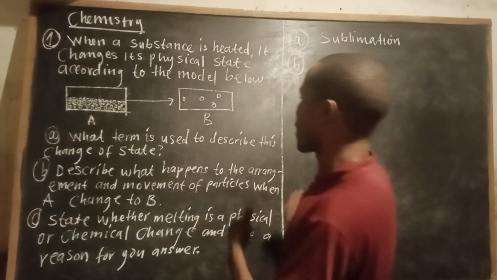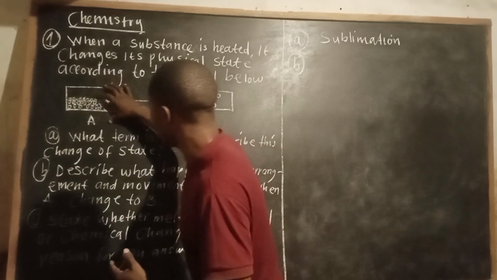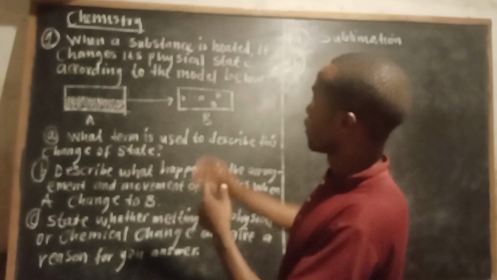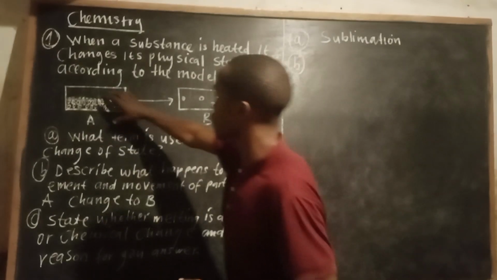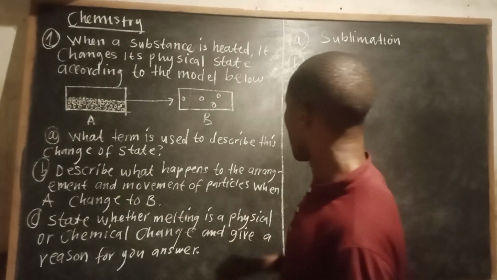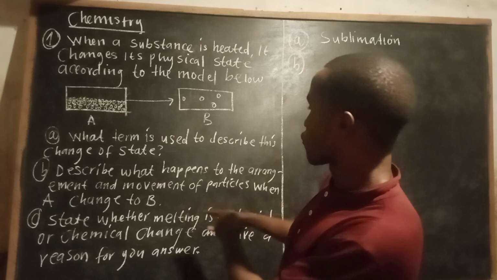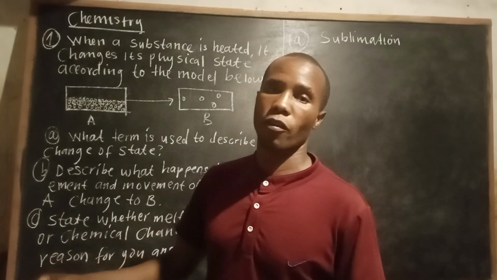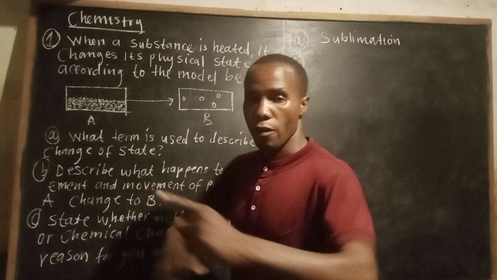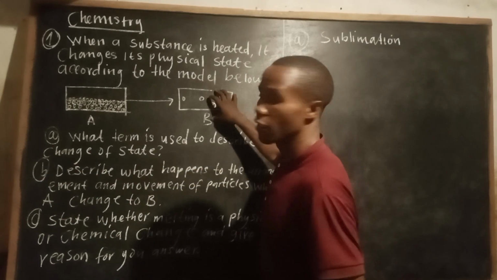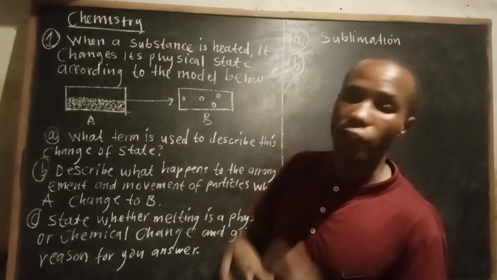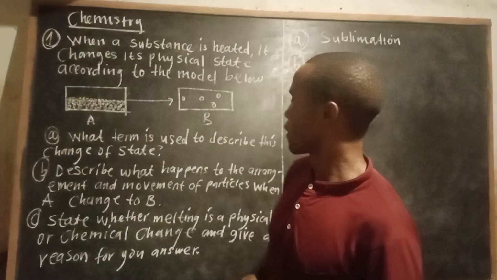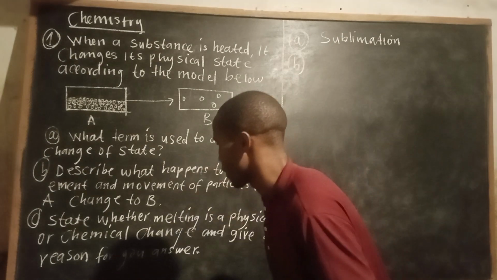That is what we are trying to describe in terms of the arrangement. I've mentioned the force of attraction, which is very strong. Then the particles will be loosened, and they will move around the way particles do in the gaseous state. That is the answer for this question.